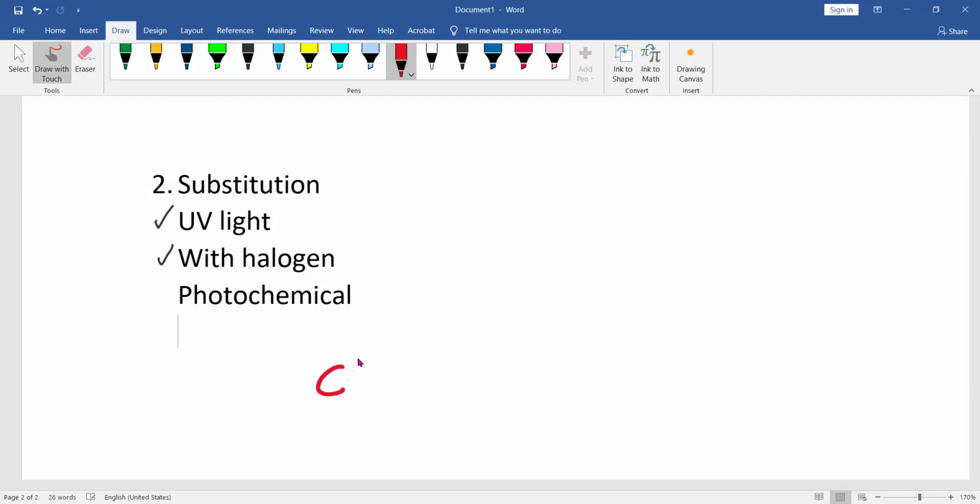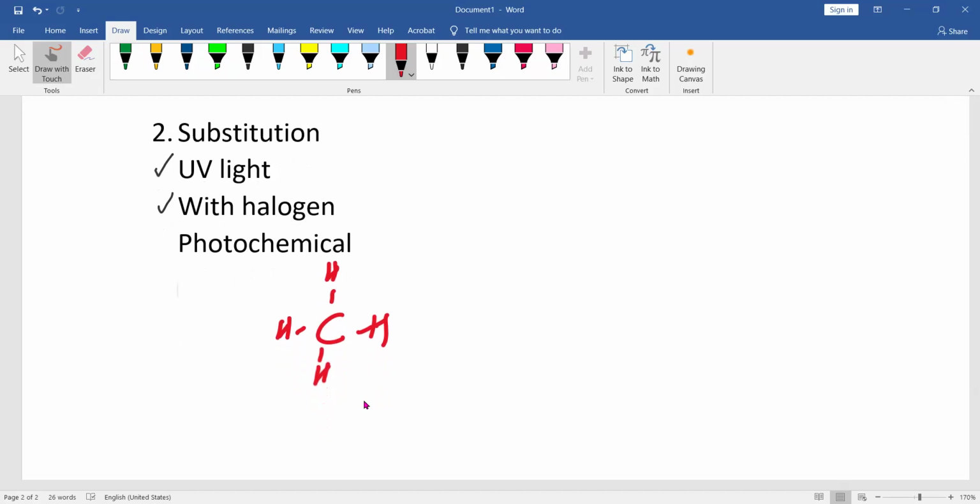Okay, what is this that I'm drawing now? If you don't know this, we're gonna sit down and cry. This is methane. It's gonna do substitution with chlorine. You must have UV light, right?